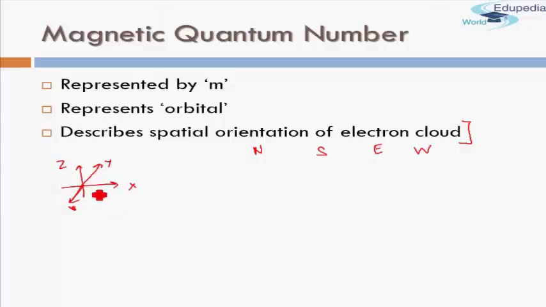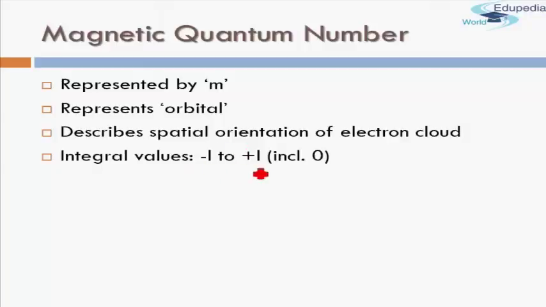So the electron cloud can be directed along the x-axis, it might be directed along y or z or somewhere in between them. That is what I mean by spatial orientation, the directions in which the electron cloud is oriented. Those directions are determined by the quantum number m.